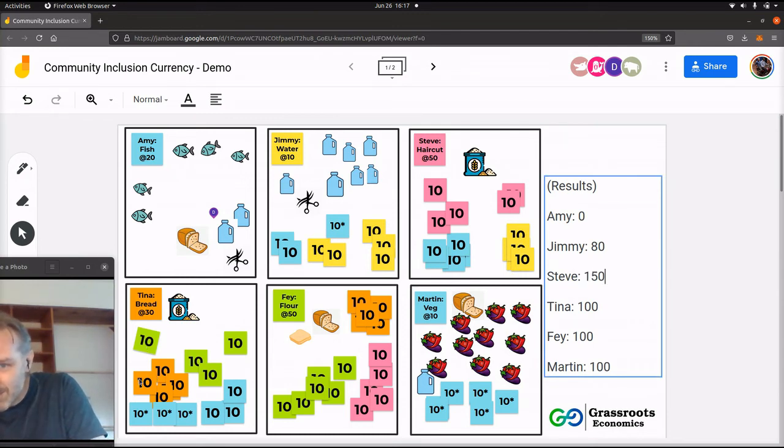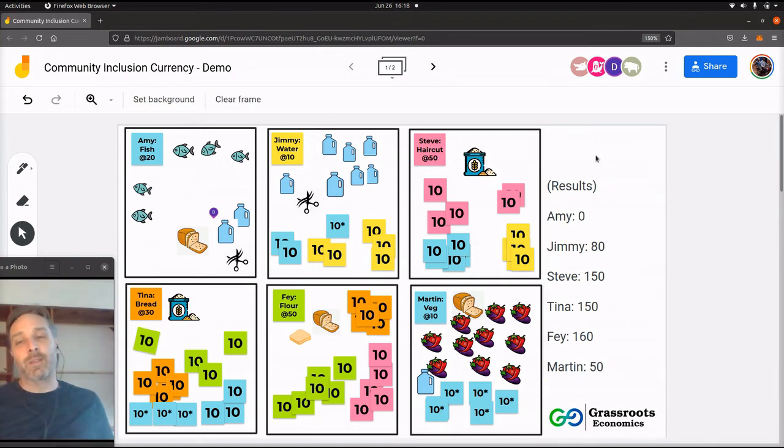Tina's got 15, so another 150. And Faye's got 16, so 160. I may have missed a few here. And Martin's got 50. Okay.